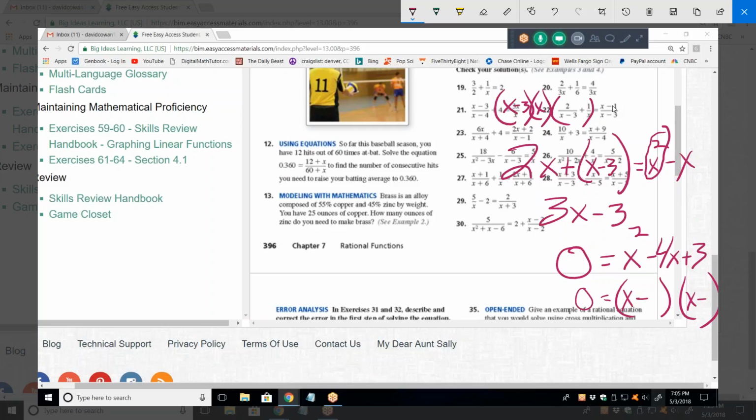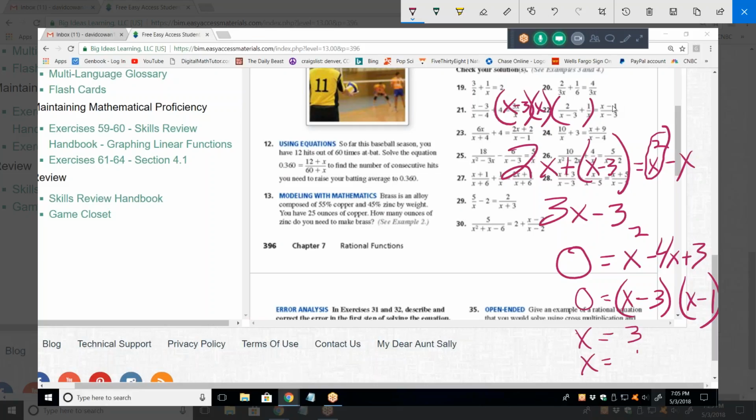We need factors of 3 that add to 4. 3 and 1. And the solution? So x is 3 and x is 1.